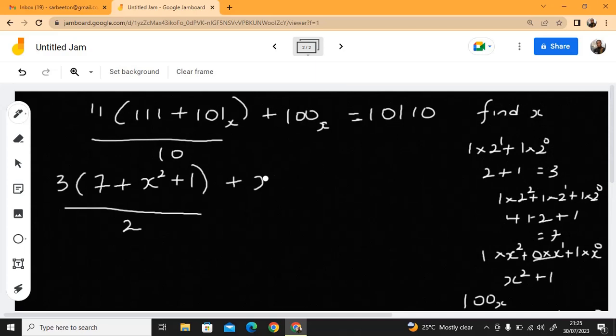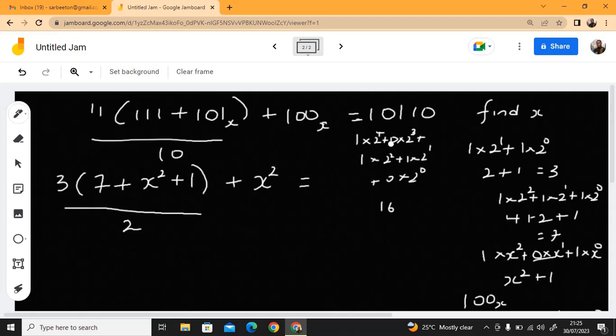Now x squared equals to, if I want to do it, I can say 1 times 2 to the power 4 plus 0 times 2 plus 1 times 2 plus 1 times 2 plus 0 times 2. This will be 0, this will be 1, this will be 2, this will be 3, this will be 4. 1 times 2 to the power 4 is 16, 1 times 16 is 16.